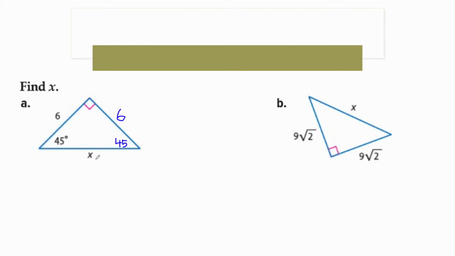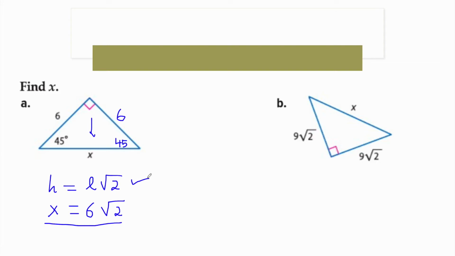So for us to find X, we can simply say H is equal to, because this is the hypotenuse, L root 2. And what is our length? Our length is 6. So the answer for X is simply 6 root 2. Easy, right? It's very simple. So the most important thing is to remember the rule.